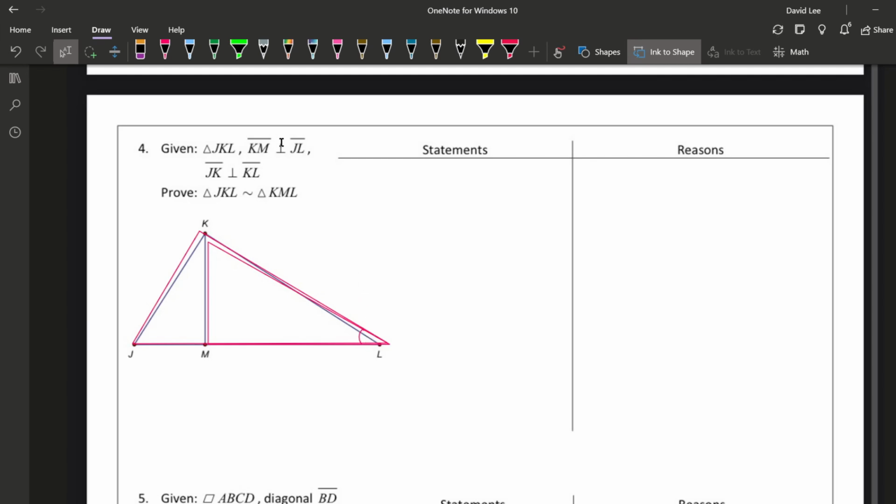And then these perpendicular stuff, that's probably our second angle. So KM is perpendicular to JL, so that's this right here, and then JK is perpendicular to KL, so that's this right here. Again, I usually try to split these apart so it's more obvious. This stays. This goes here. Right.